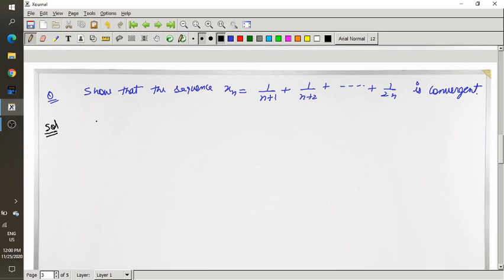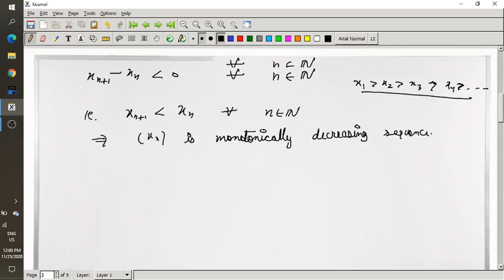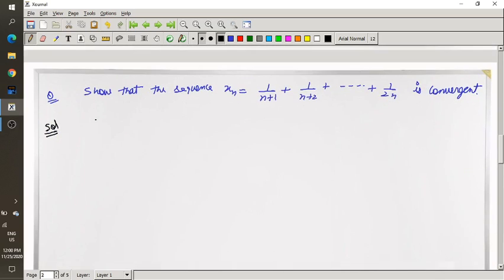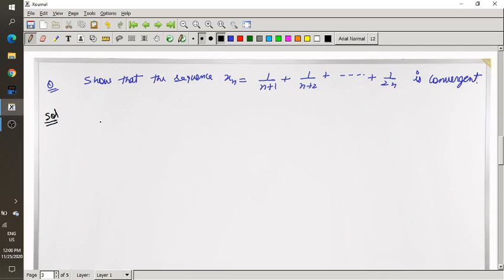Now as we know, we have discussed in the previous example how to prove monotonicity. So that was the particular case of a decreasing sequence. Now let us check what we can say about the monotonicity of this sequence.